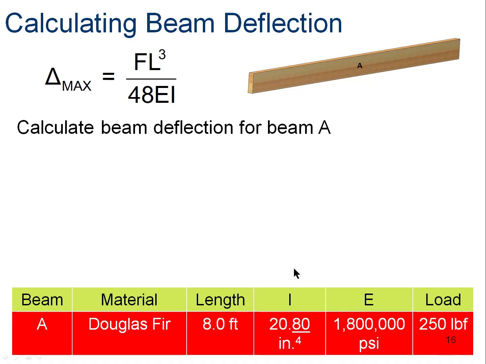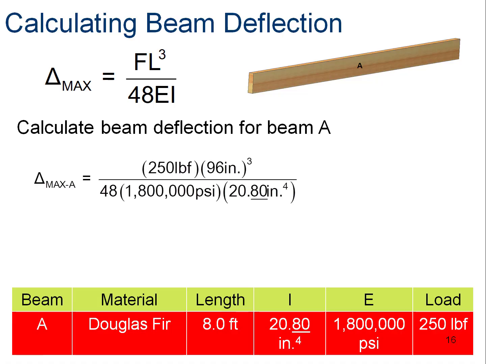First important thing to understand is this length right here, the span, this needs to be in the same units as my moment of inertia, I. So if I is given to me in inches, and in this instance, inches to the fourth power, but L is given to me in feet, I need to get my length into the same units as my moment of inertia. So let's go through and do some math on it. It's a pretty simple equation.